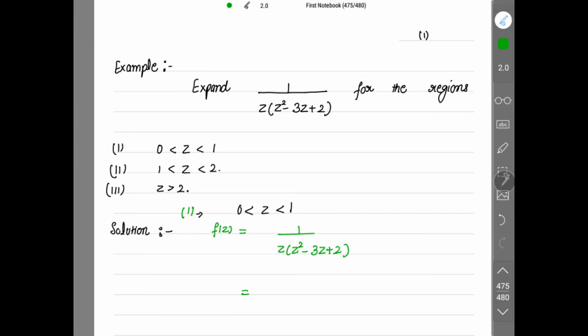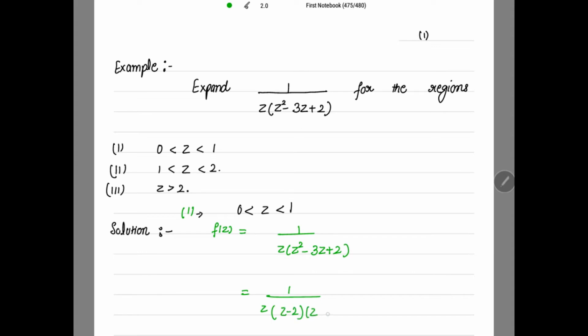Now what we have to do is first make the factors. So this is z, and this is z minus 2 and z minus 1, right?